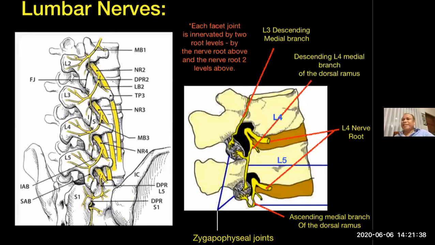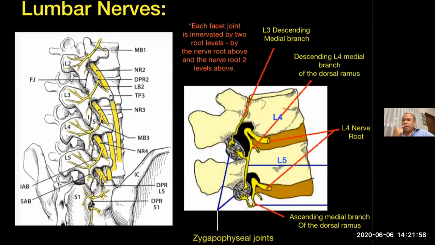We call that the descending L4 medial branch. Or if you are referring to the same level that we're looking at, let's say in this case, L4 and L5, that is the L4 nerve root, but together with the L4 nerve root, it is also innervated by the L3 descending medial branch.